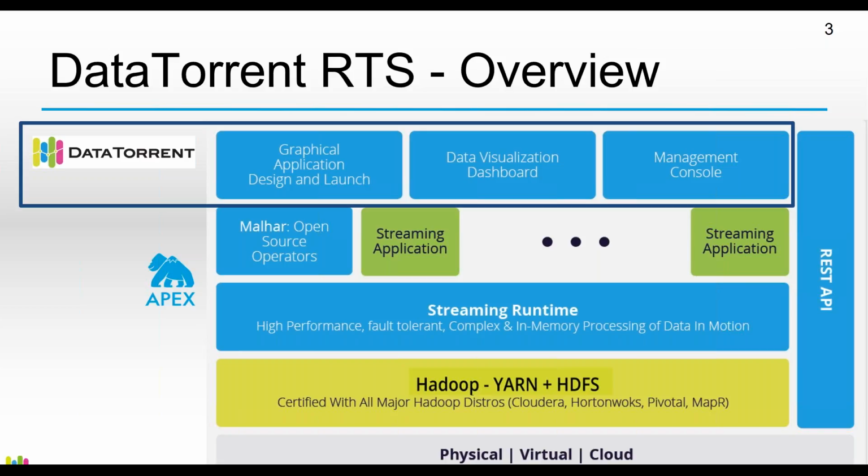On the right hand side, there's a REST API, which allows our engine to integrate with any application which might exist in the ecosystem. So Apex can easily coexist with any application that you could think of on Hadoop. Basically, what we need is Hadoop 2.2 plus for the sourcing capabilities of YARN.